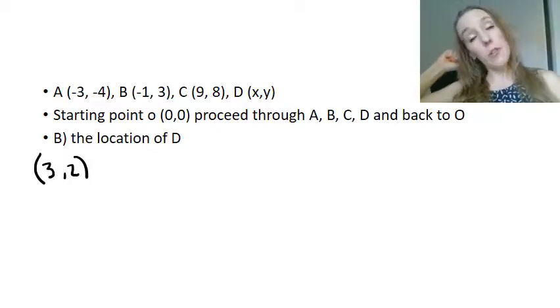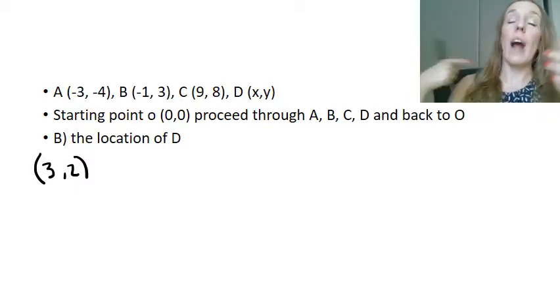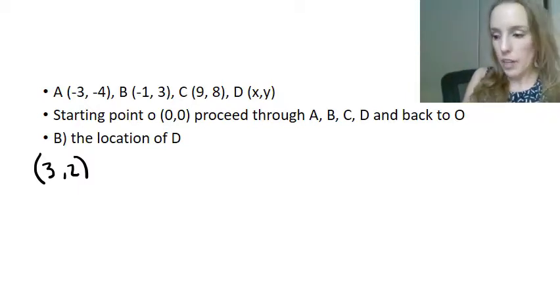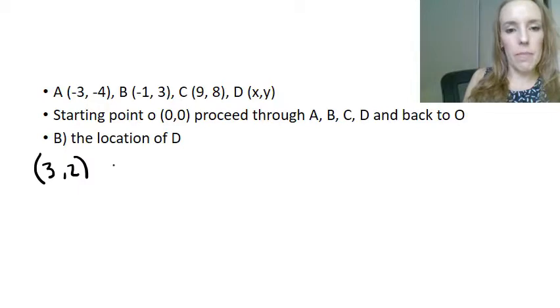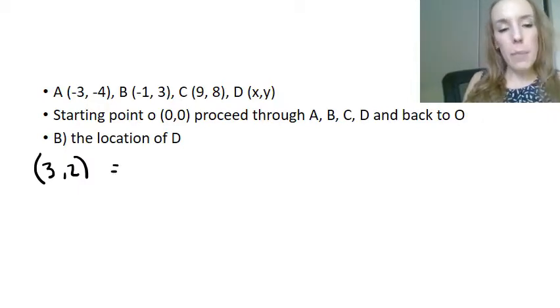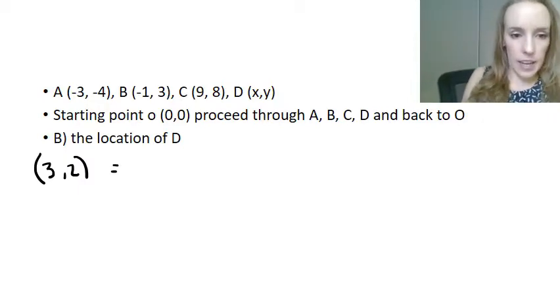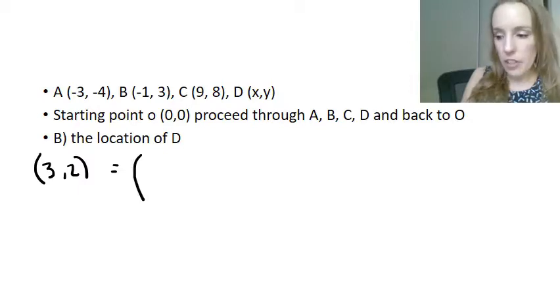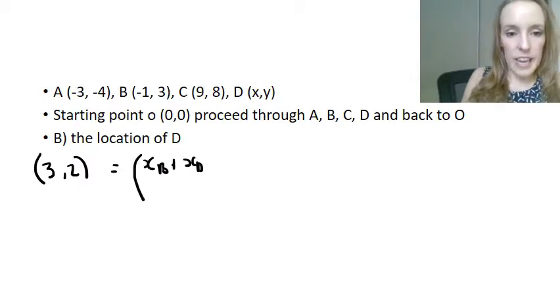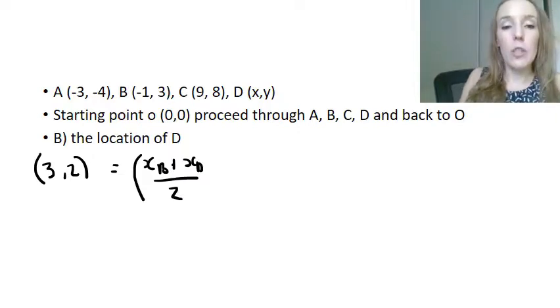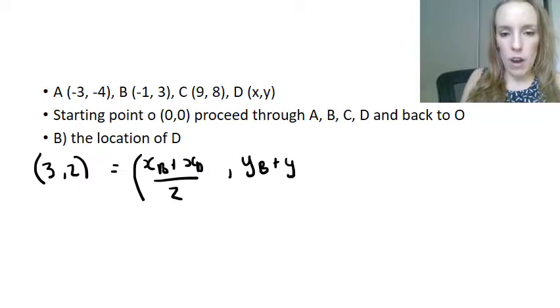So we can still use our midpoint formula, but in a different way to work out D's coordinates. Sorry, it's in the middle of B and D, I should say. So the midpoint is going to be the average of our x values, so the x for B plus the x for D divided by 2. That will give us that x coordinate, and our y coordinate again is the average. So the y of B plus the y of D divided by 2 will give us that.